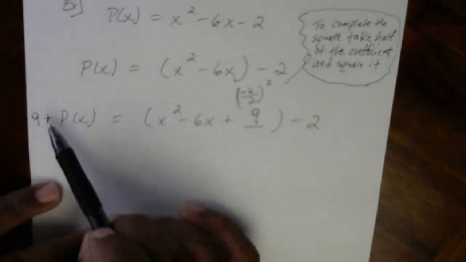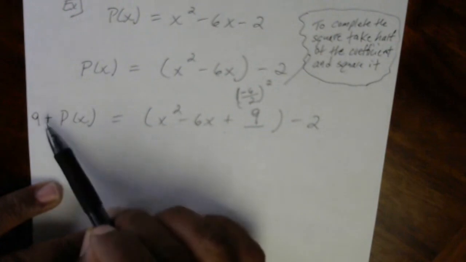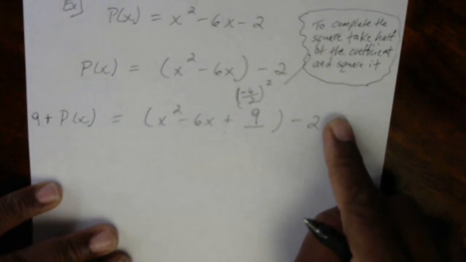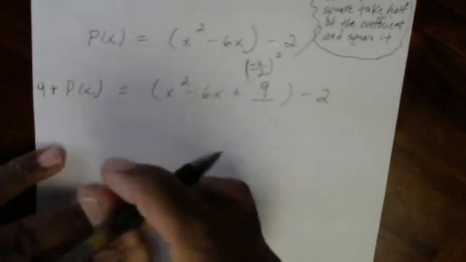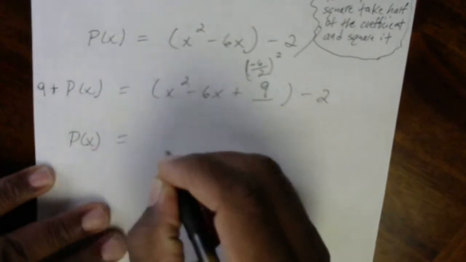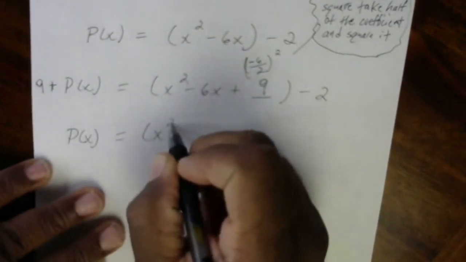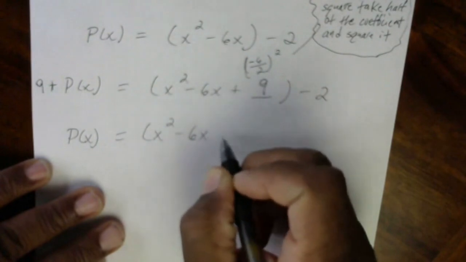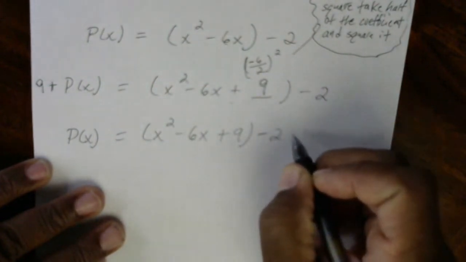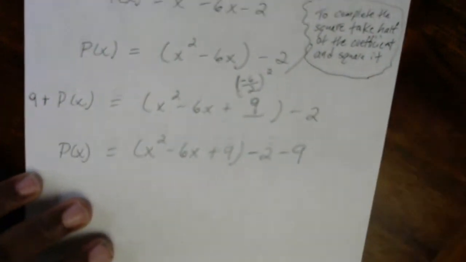So now I'm going to take this 9 that was added to the left hand side, and I'm going to move it or transpose it to the other side. So now I have something that looks like this. P of x is equal to x squared minus 6x plus 9 minus 2 minus 9.